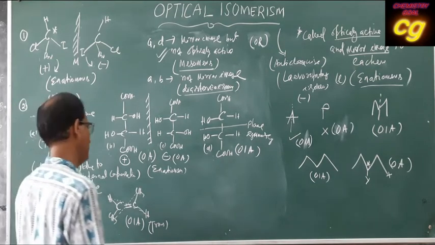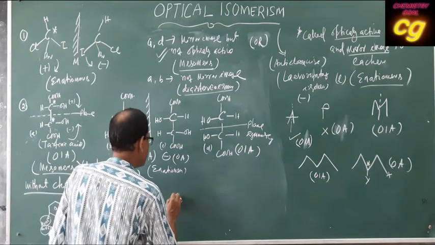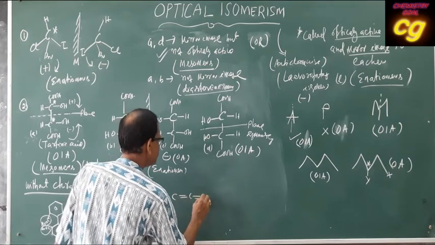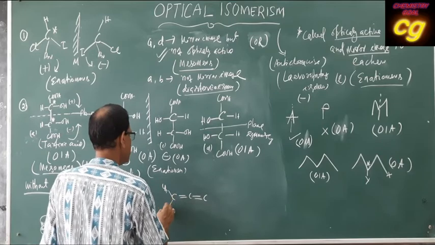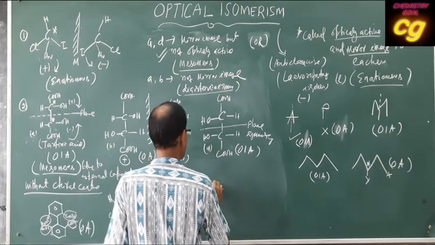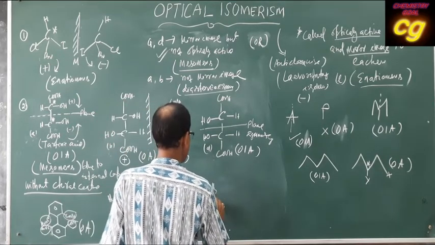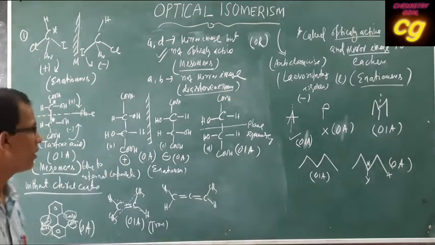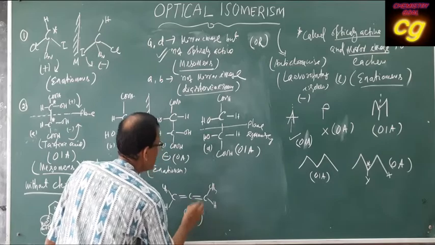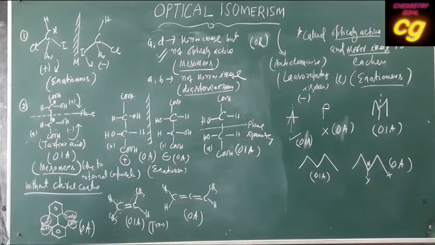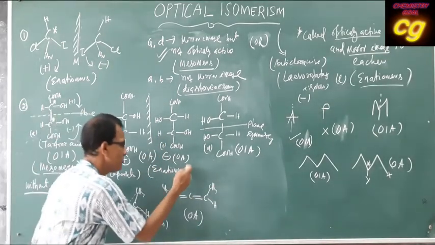But if I take this one, suppose this is CH3, this is H, this is also CH3, this is your H, but it is optically active. It looks like symmetry is there. If you divide this, it is symmetric.